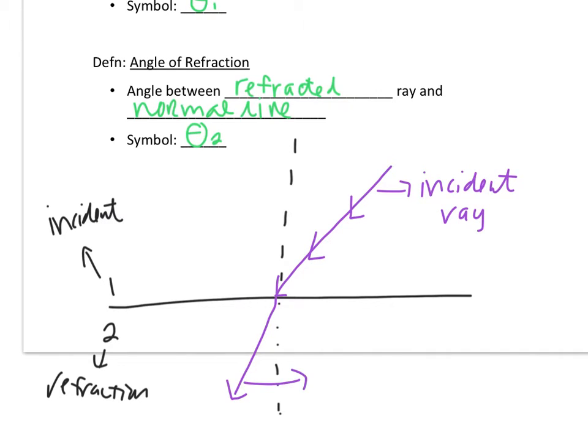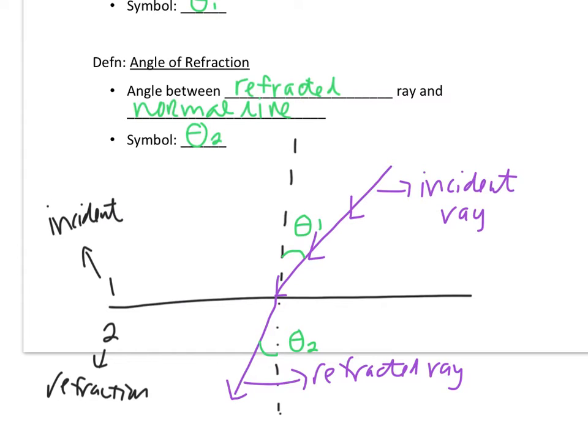This will be the refracted ray. And then your incident angle and your angle of refraction. So the incident angle is between the incident ray and the normal line. This is theta 1.